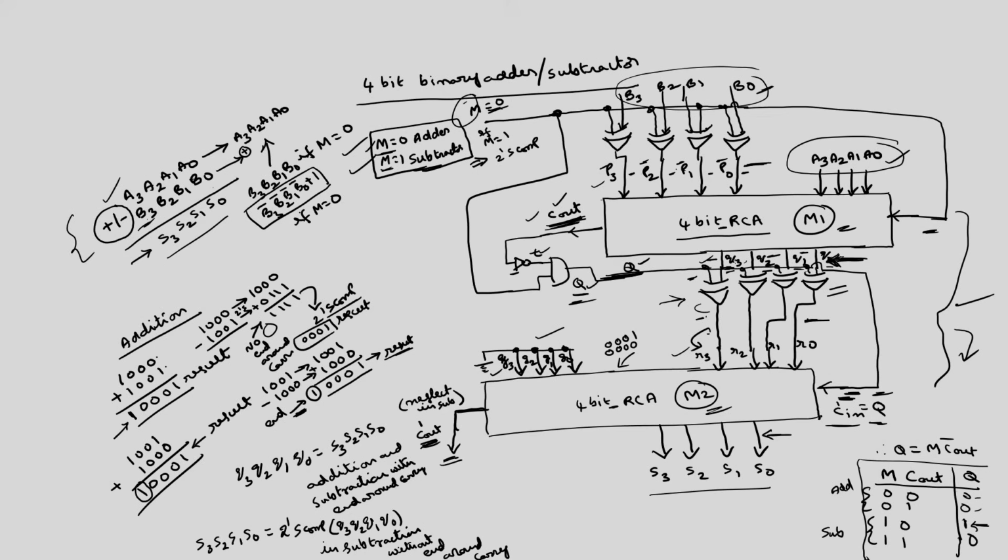So these are the things that you have to define as wires. Now we have to instantiate. First we generate P3, P2, P1, P0 using B3, B2, B1, B0. For that you have to write exclusive OR gates.